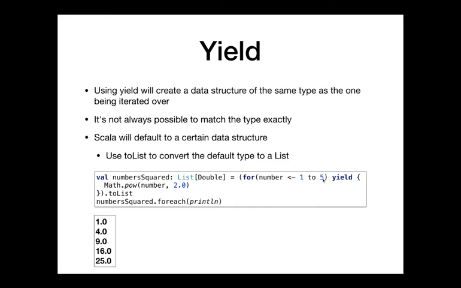When we use yield, it's going to try to match the type of the data structure that we iterated over. Of course, the type contained in the data structure, int in this case, can change just like map. Whatever this resolves to is going to be the type parameter of the returned data structure, but the data structure type itself is going to try to match whatever we iterated over.